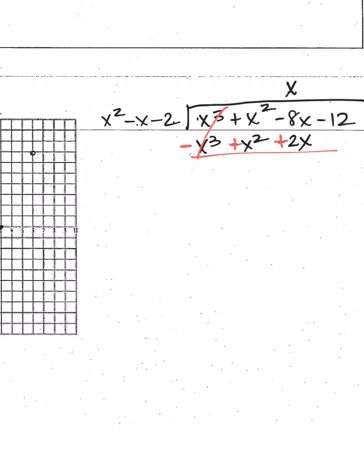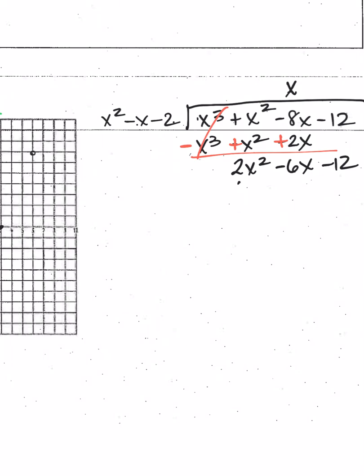Boom. So x squared plus x squared is 2x squared. This is minus 6x minus 12. Now, here's the nice thing. You do not have to work this all the way through. Remember what I said, we're only looking for what? We're looking for the equation of the line, aren't we?